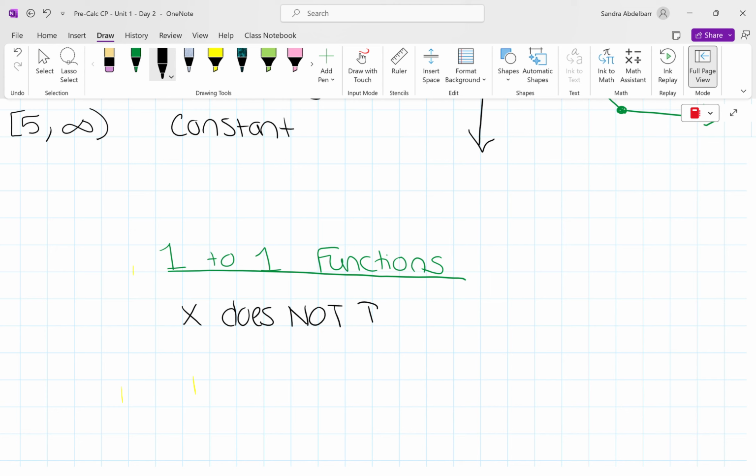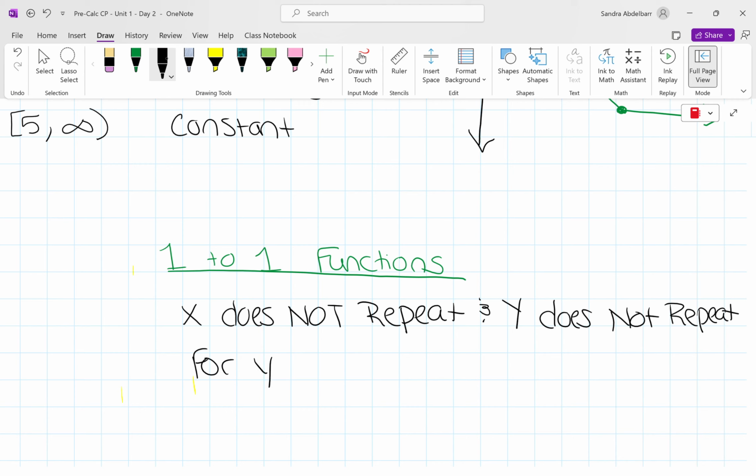So let's write that down. X does not repeat. And y does not repeat. So for every y, there is exactly one x.